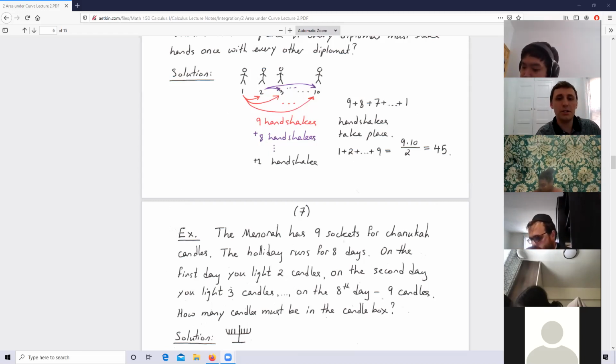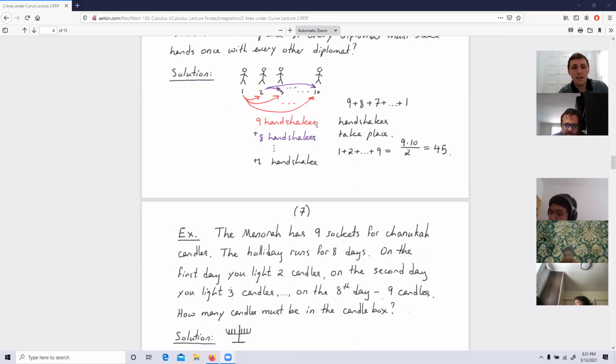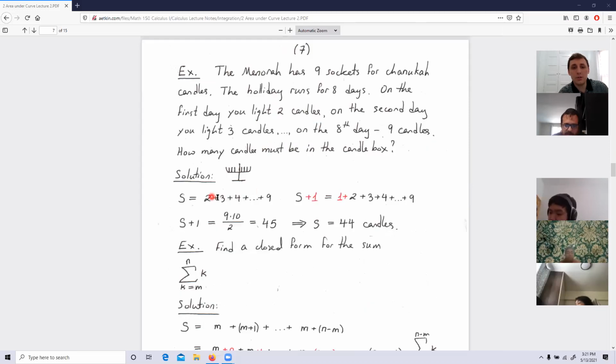All right, guys, so let's calculate it together then. We don't have time. We are rushing through the entire thing. So the summation is just 2 plus 3 plus 4 all the way to 9. The only thing we don't like is that we're missing a 1. So S plus 1 is the summation that's very easy to calculate. So I add 1, and then the result is, like with the diplomats, 45.